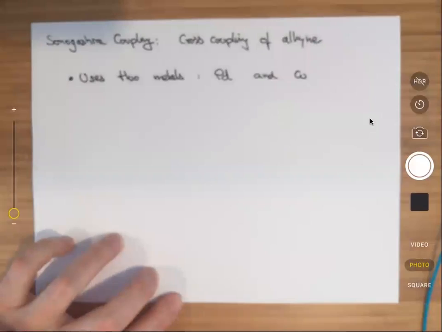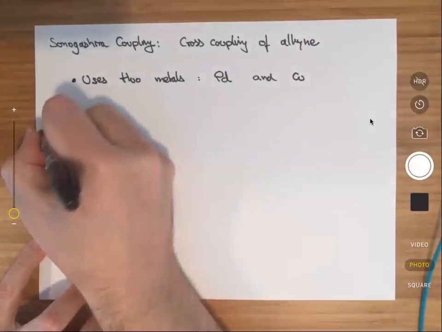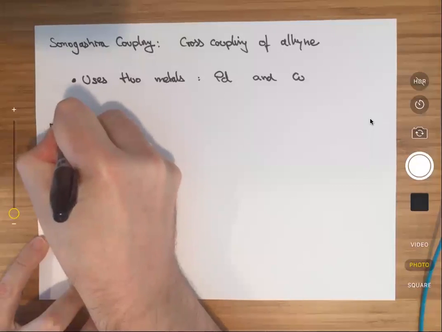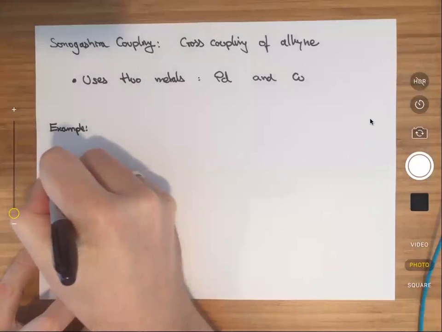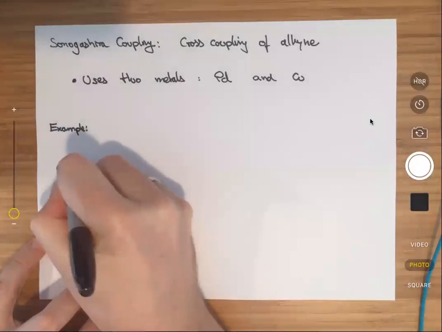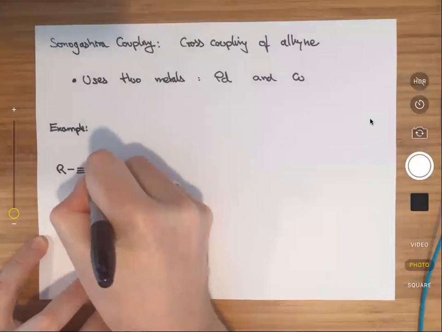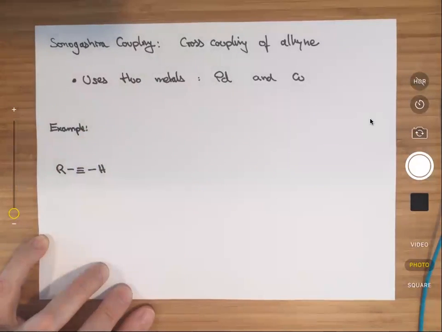So you can think about this as a very generic example of the Sonogashira reaction. You can have a terminal alkyne. So let's say something like this. And it's important that it's terminal.